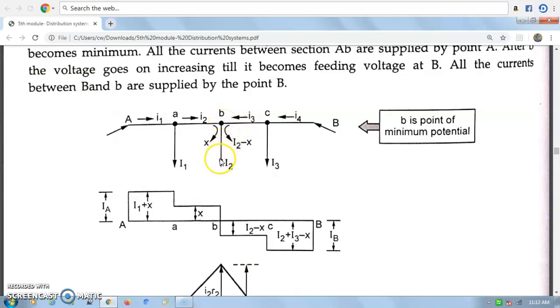Remember one thing: while taking the KCL, at the minimum potential point where you have to take the reference, that current is to be taken as the unknown current small x. See, this is the small x. Next, I1 plus x. The total current is I1 plus x, where here is I1 and here is x.